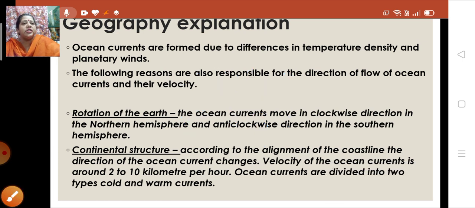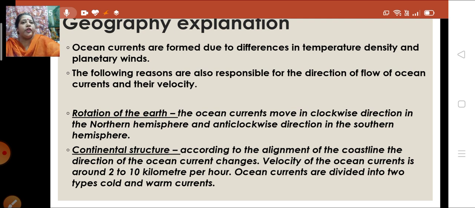The ocean currents move in a clockwise direction in the northern hemisphere and an anti-clockwise direction in the southern hemisphere. Just now I showed you the world map. In that I showed you how in the northern hemisphere the ocean currents are moving in a clockwise direction, while in the southern hemisphere they are moving in an anti-clockwise direction.